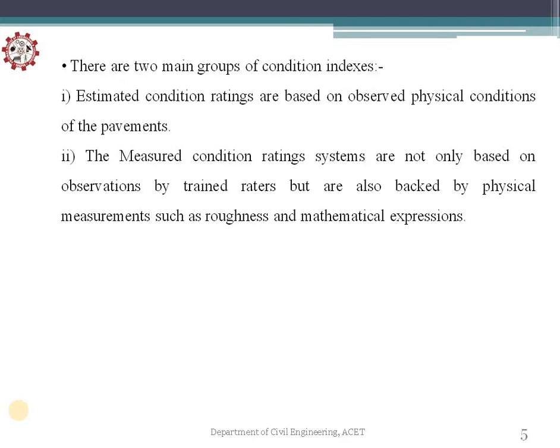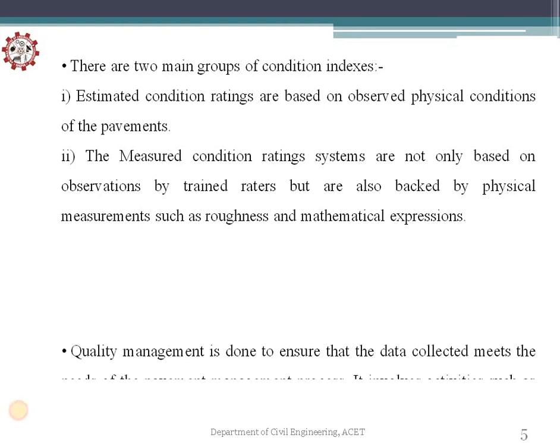So for these two, first you need to know the physical condition, and second, after knowing the physical conditions, the mathematical expressions, that means what the conditions are and what remedy you are going to give, which you need to calculate.